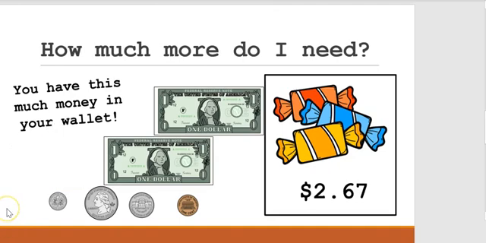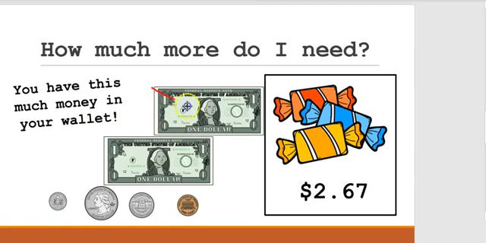All right, thanks for pausing and going down below. How do we solve this problem of how much more money we need to buy this candy for $2.67? Well, let's figure out how much money we have because it doesn't tell us. It shows us in a picture how much money we have. So I would figure that out.